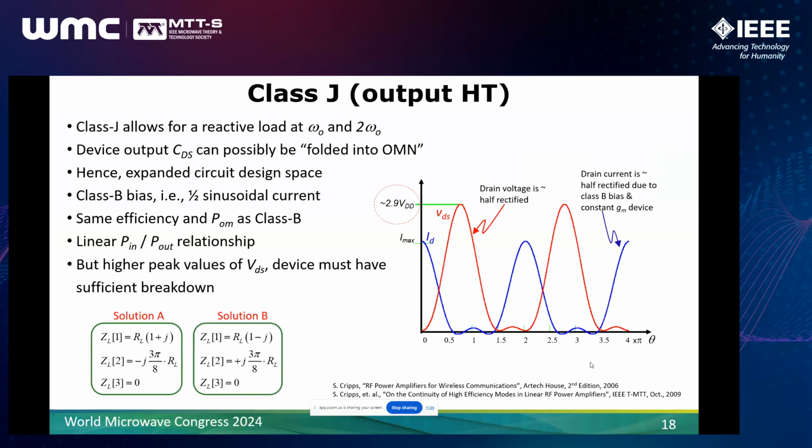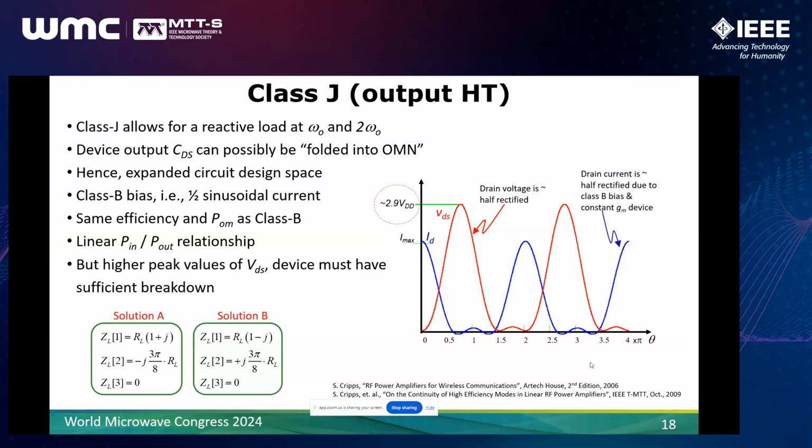Class J is one of the perhaps more recent additions that spans back perhaps 15 years or so. Here, the idea is that we want to account for the output capacitance CDS and allow the loading at the fundamental component to the device to be complex, be either R plus JX or R minus JX.